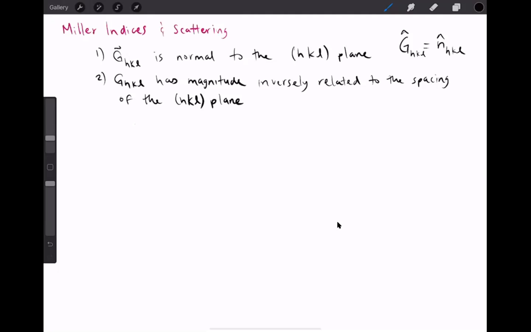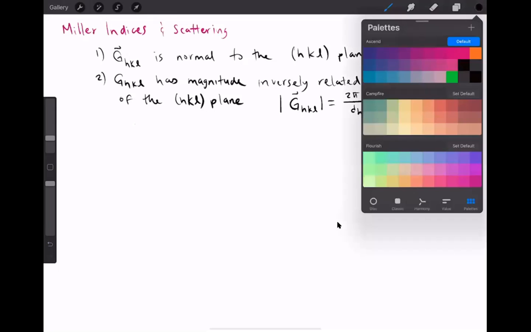And then what this one tells me is that the magnitude of this vector, so again, this little hat means a unit vector. I don't know if that's the notation that you guys are used to. And the magnitude of it is related to the spacing between two of those planes.